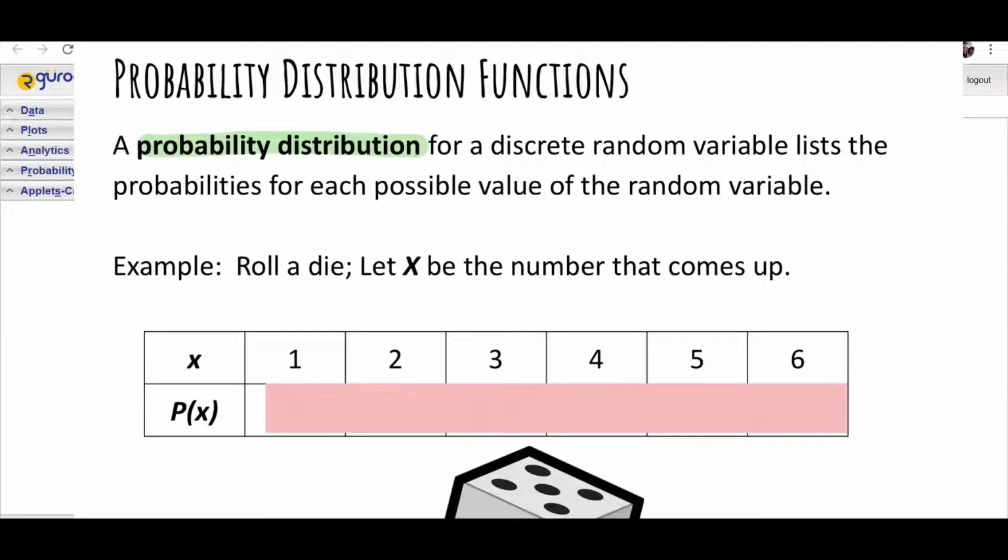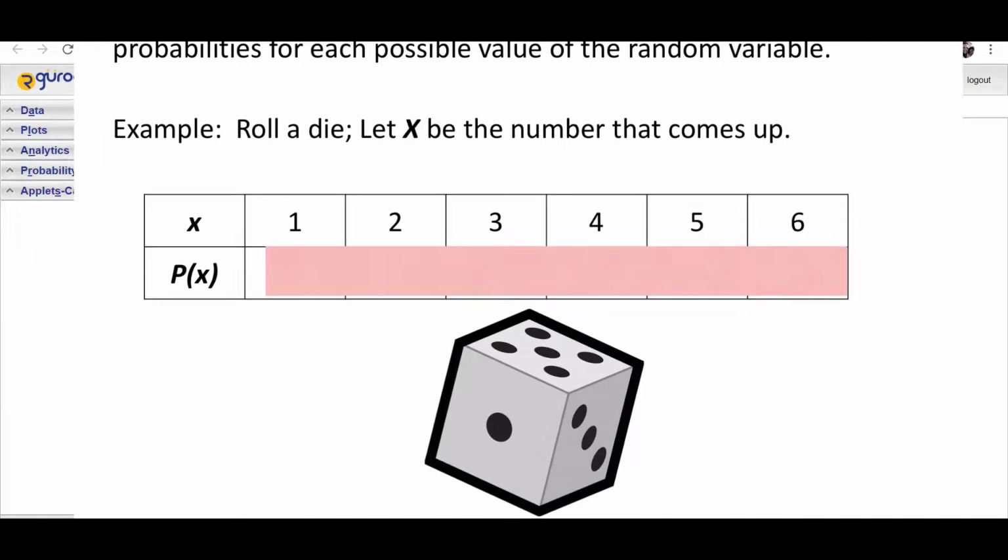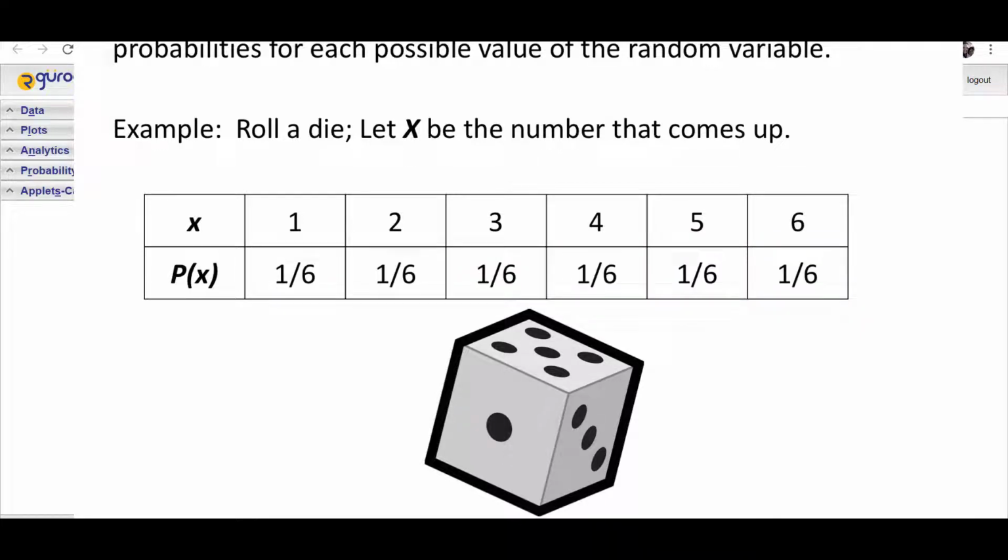So if you'll see this example here, this table you see below, it says roll a die, a number cube with 6 sides. And there's a picture. Let X be the number that comes up. So the number that comes up could be 1, 2, 3, 4, 5, or 6. So we want to list the probabilities of each. The probability of rolling a 1 is 1/6. The probability of rolling a 2 is 1/6. 3 is 1/6. 4 is 1/6. 5 is 1/6.